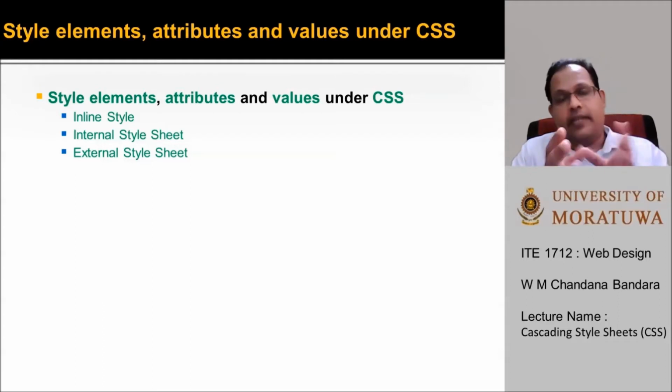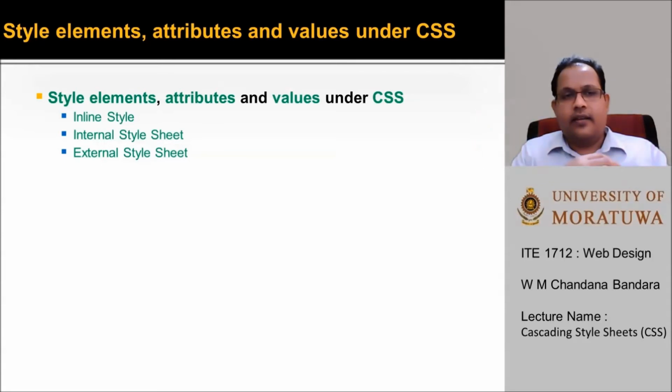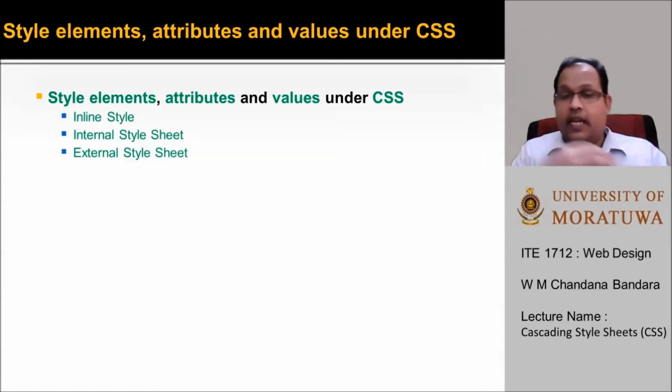If we have multiple web pages in our website, how can we maintain this same consistency across all the pages? That's where we need these external style sheets that we can store outside, maybe in a different folder of the website, and refer that style sheet from every page that we have in our website.